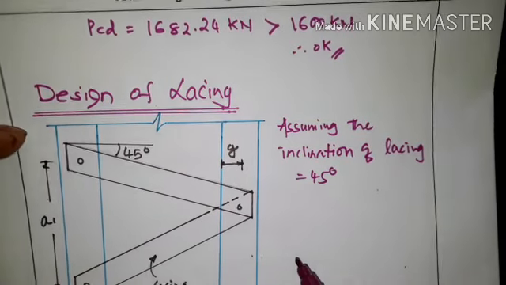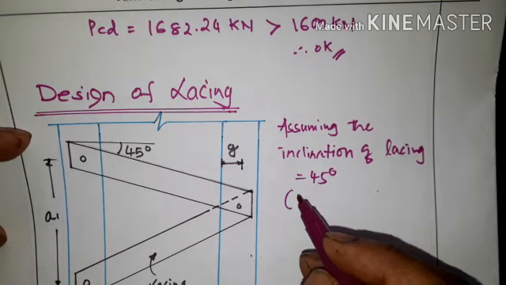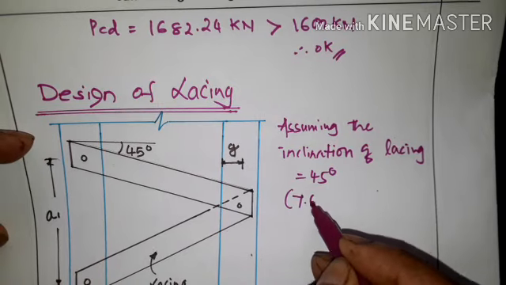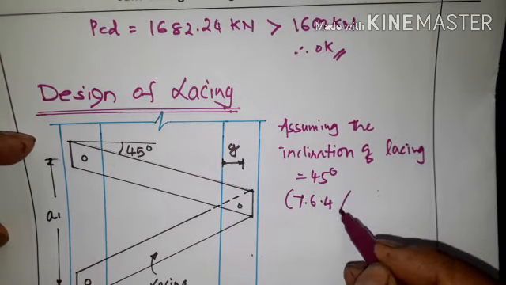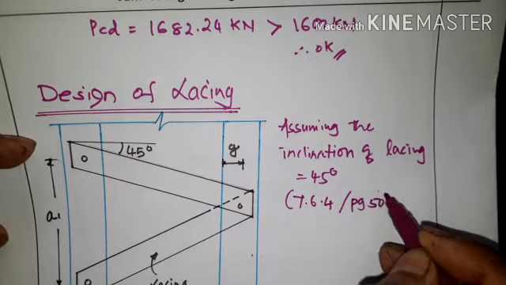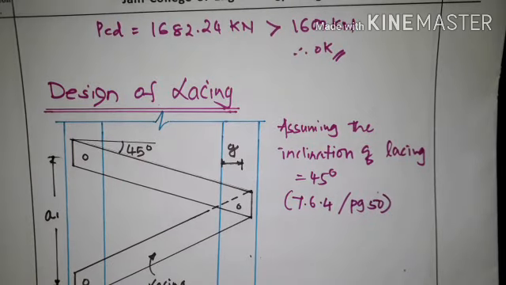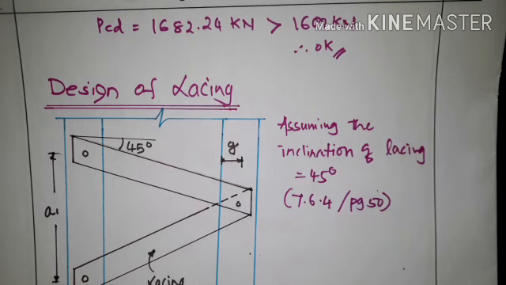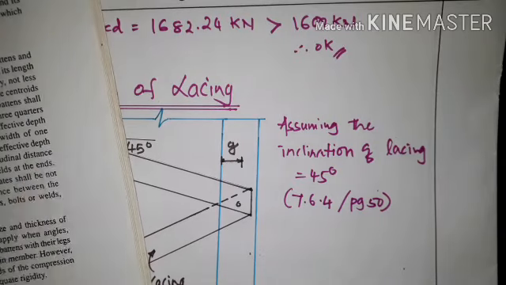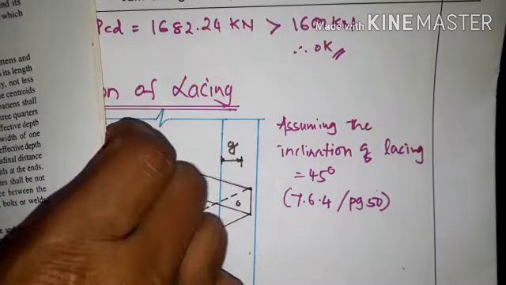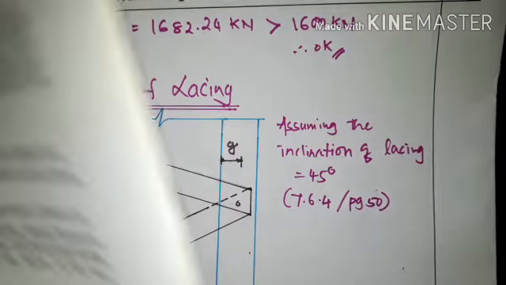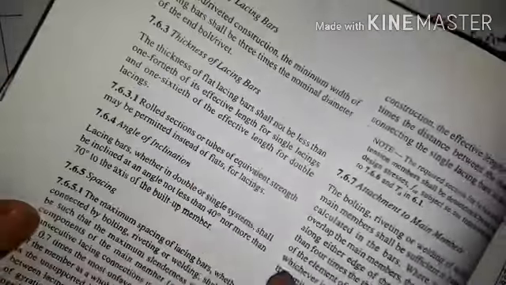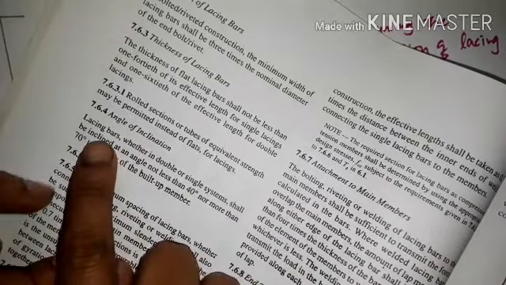I'll note down the clause as per 7.6.4, page number 50. Understood. So I'll just show the clause. We'll go to page number 50. Here you can see the clause 7.6.4, angle of inclination.